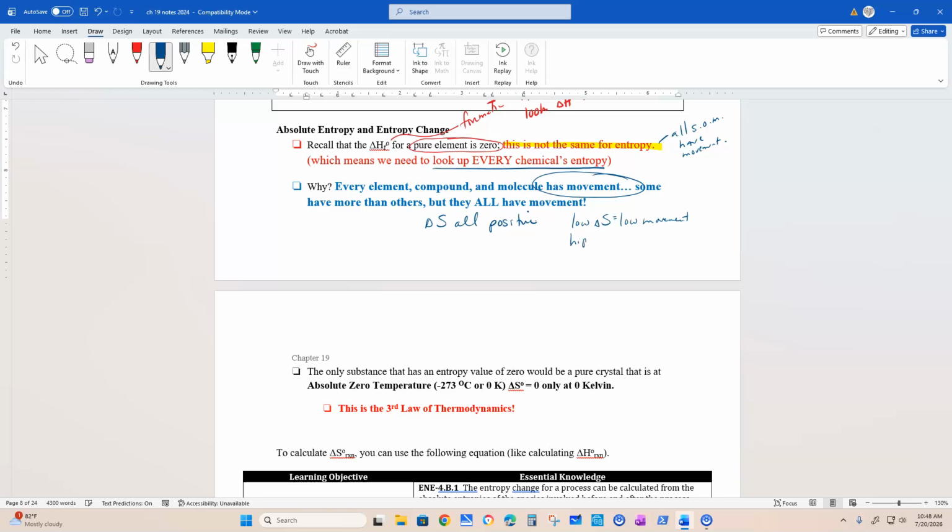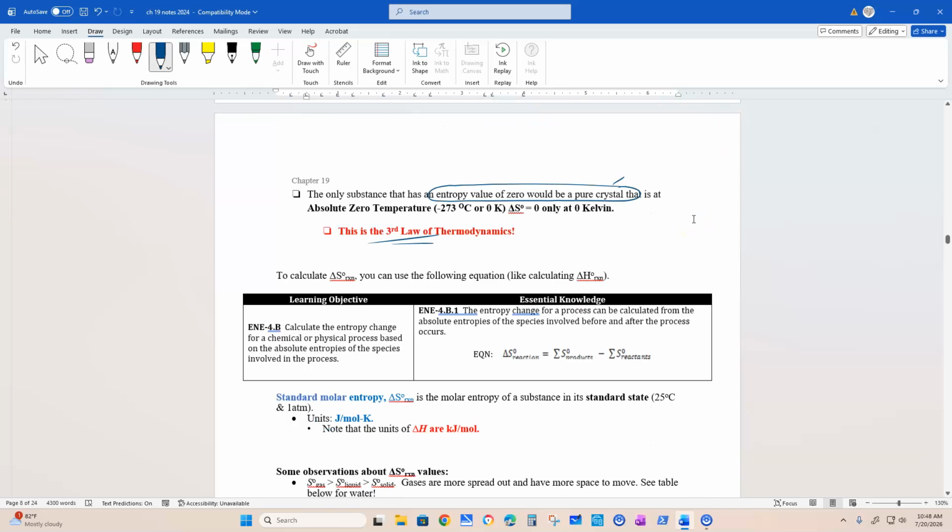When you see very high delta S values, that means they have a lot of movement, so like gases. The only substance that has an entropy value of 0 would be, remember the third law of thermodynamics, a perfect pure crystal at 0 Kelvin. You're not going to find one on the appendix because we're not talking about perfect pure crystals at 0 Kelvin.